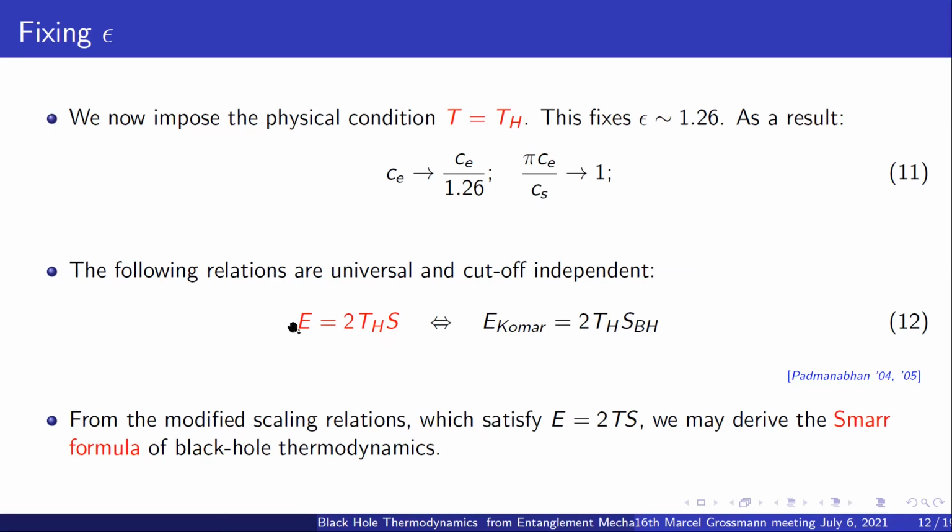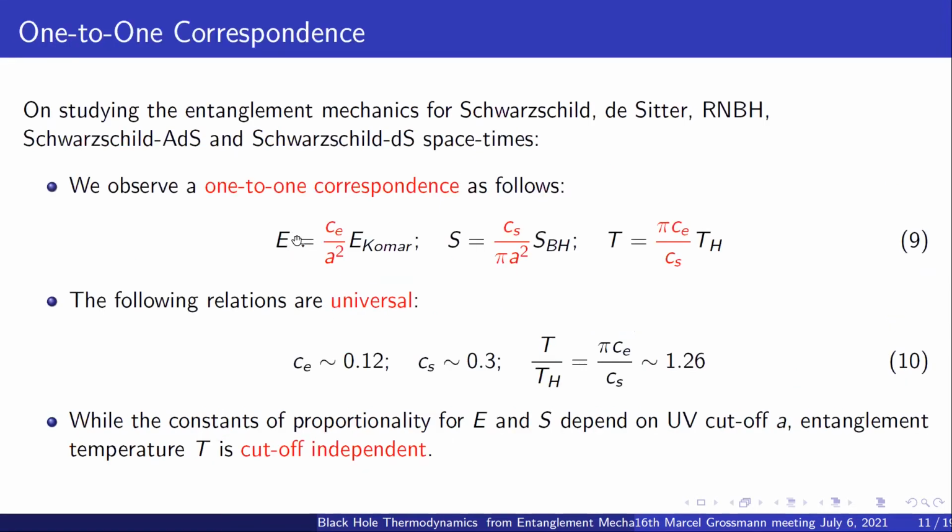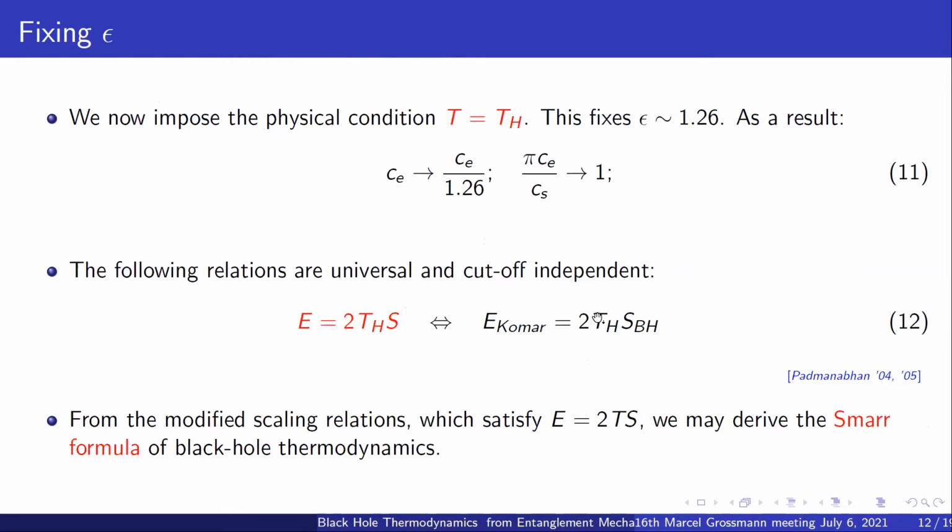Now we can go one step further and substitute for entanglement energy and entropy over here from the expressions that we obtained in the one-to-one correspondence, and all the constants will cancel out, and in fact we get this result, which is basically the equation of state for the black hole horizon, which is Komar energy is equal to twice the Hawking temperature times the Bekenstein-Hawking entropy.